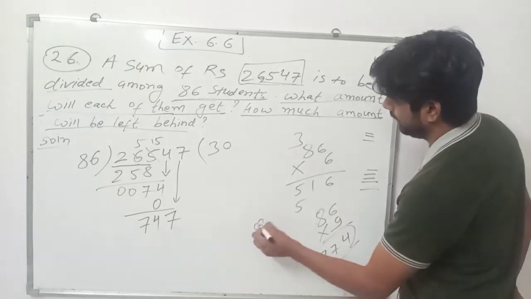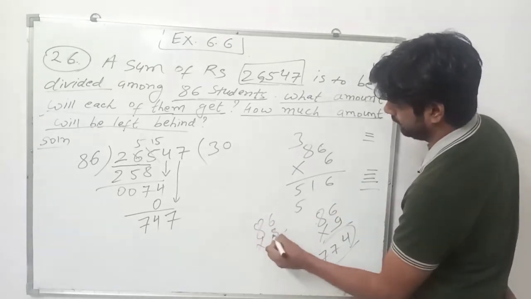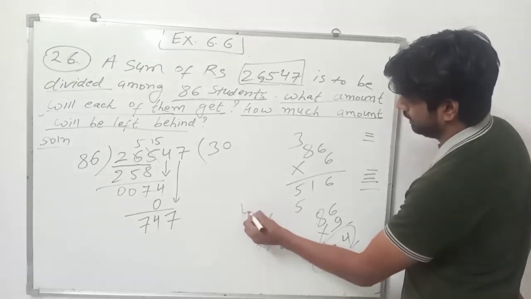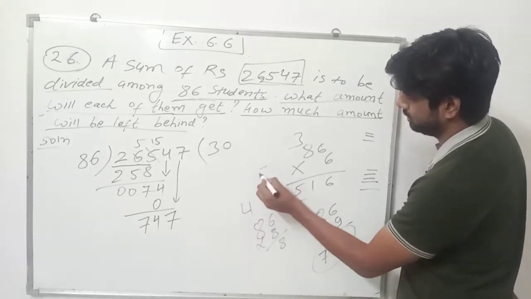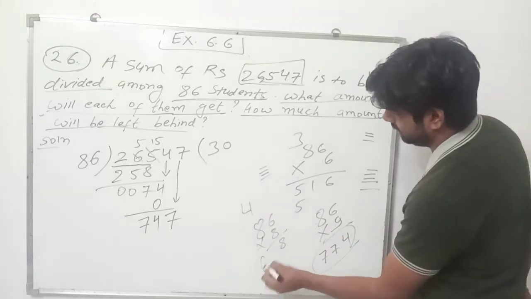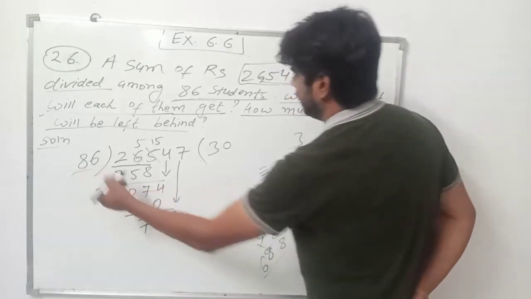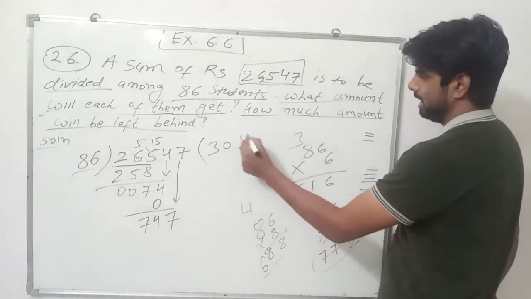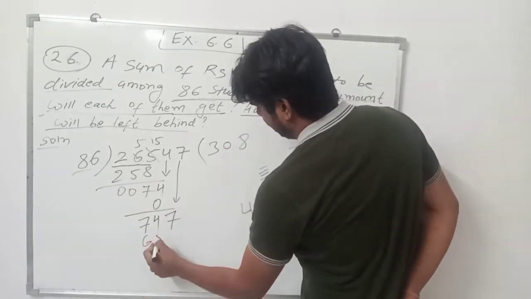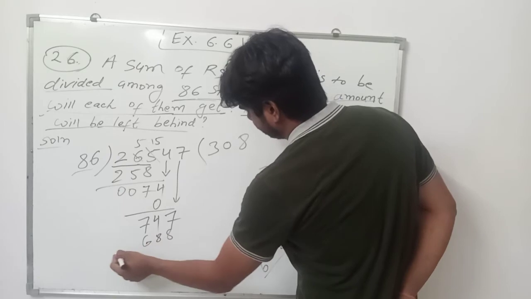So what will we multiply? 86 into 8. 8 6s are 48, carry 4, 8 8s are 64, plus 4 is 68, that is 688. So if we multiply this 86 by 8, we get 688.